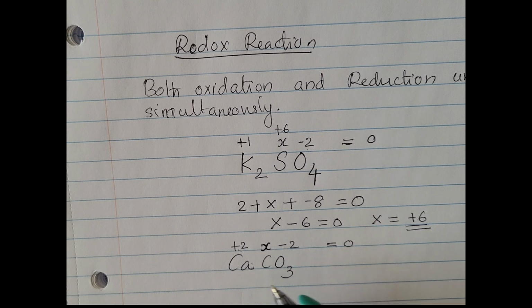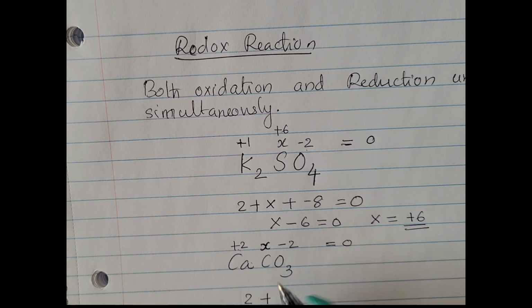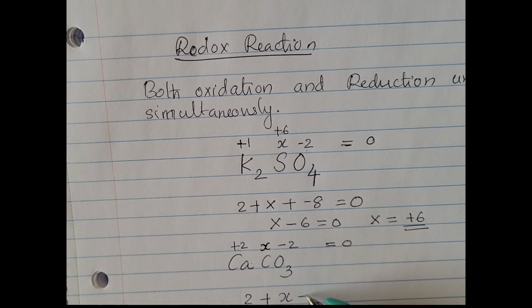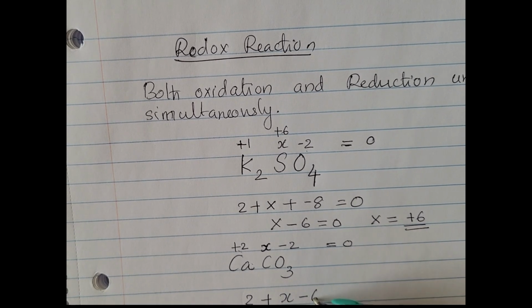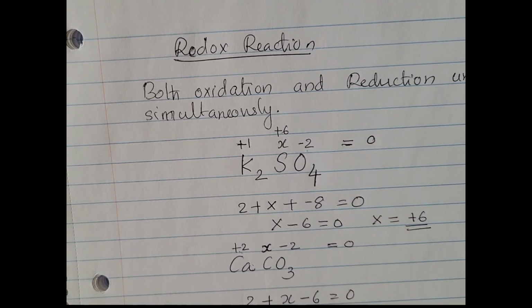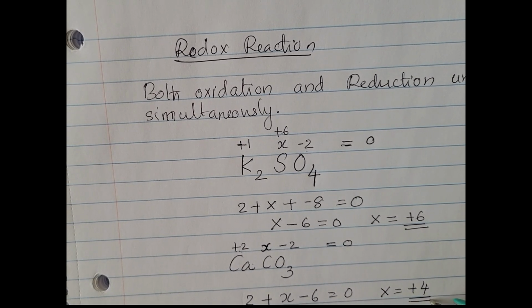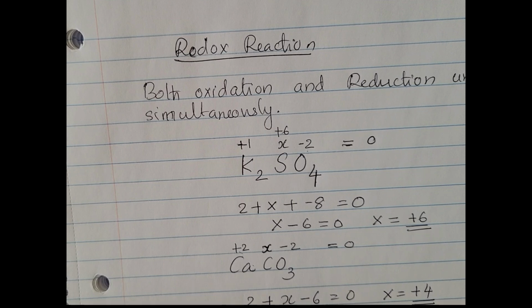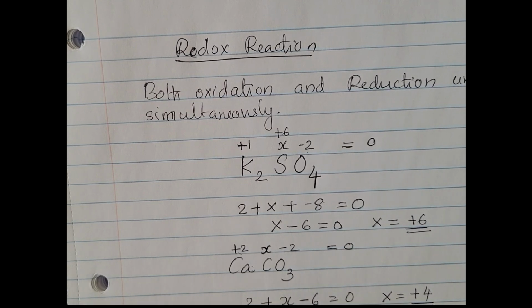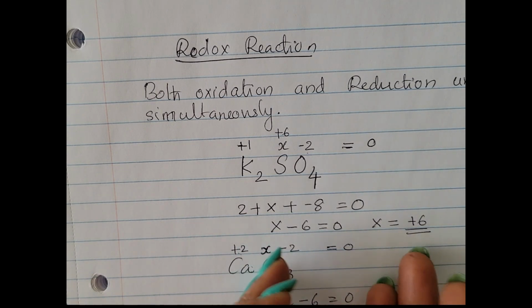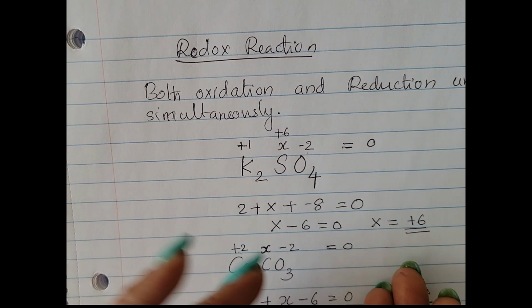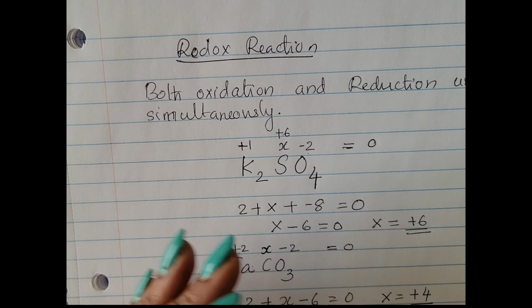Just 1. 2 times 1 is 2. 1 carbon, minus what? 6 equal to 0. So X will be what? Plus 4. This is how we are finding the oxidation state. Some of them we can do without always writing the algebraic equation. If we can do mental calculation, go for it.